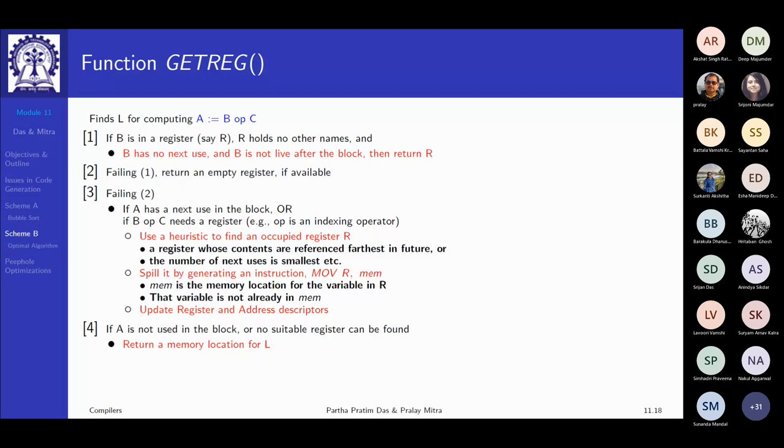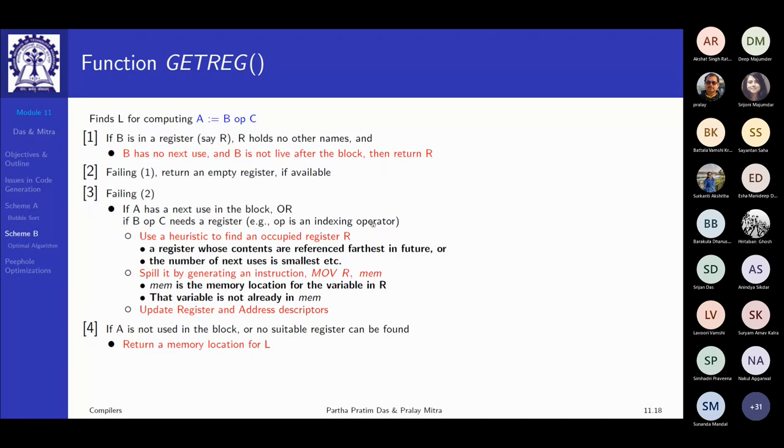Obviously, you have to update the register descriptor because you want to designate that the register does not have that variable anymore, because you are going to release it by getReg, and the address descriptor of that variable will have to be updated because it is no more in that register. It will only be in memory.